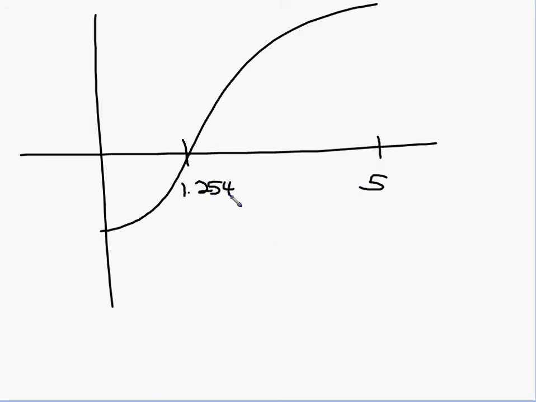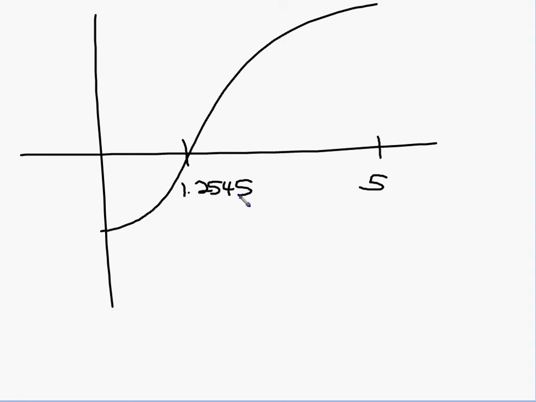Now, do you remember what our function looked like a minute ago? I gave you a quick sketch of the graph that said it looked like this, okay? And we looked at it from 0 to 5, and we said this point was 1.2545, okay?